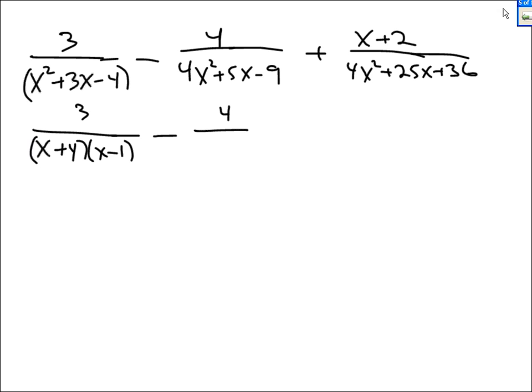The next one, this is going to be hard. 2x. You can try factoring that by grouping.